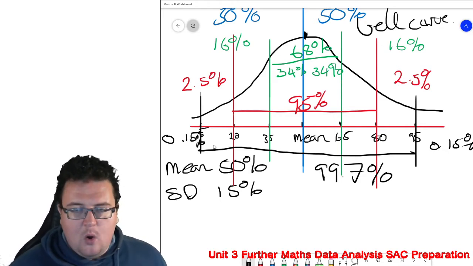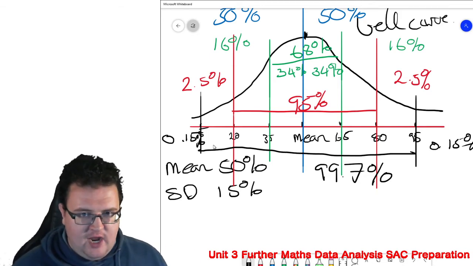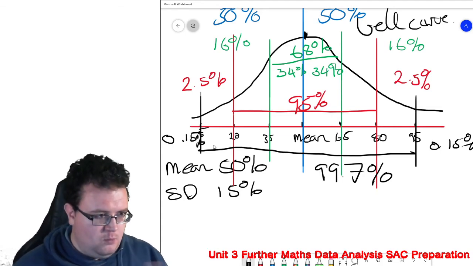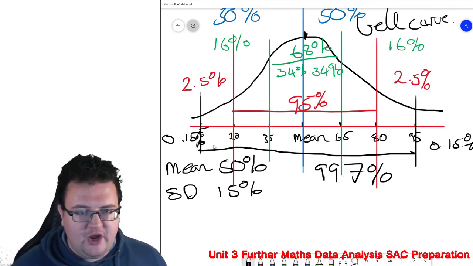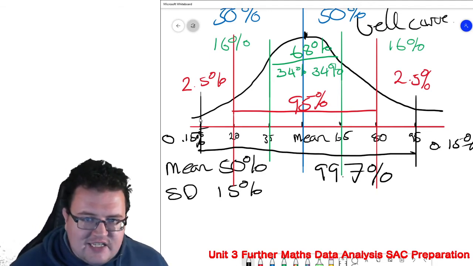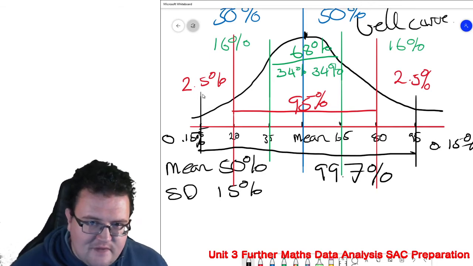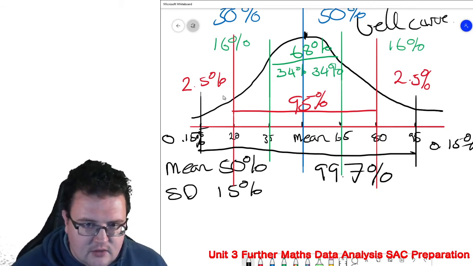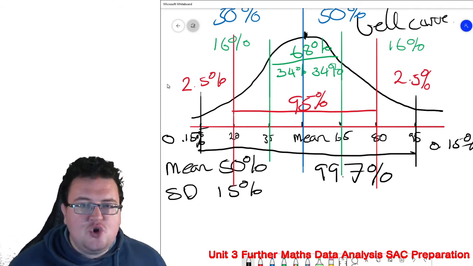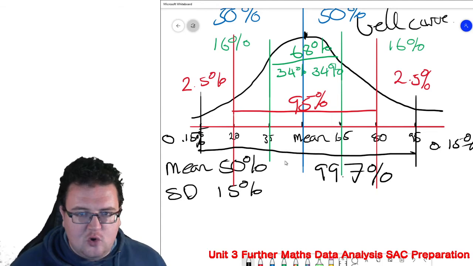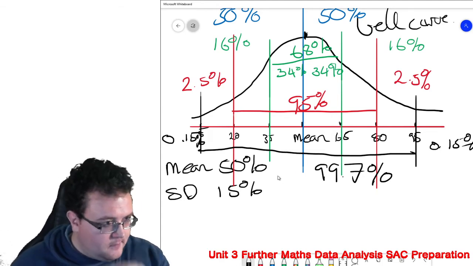Now, if you divide your diagram the way that I've done it, what you can eventually work out is all of these little in-between pieces. So between this line and this line here, or this line and this line. If you know the broad percentages that you're working with, you can work those out.